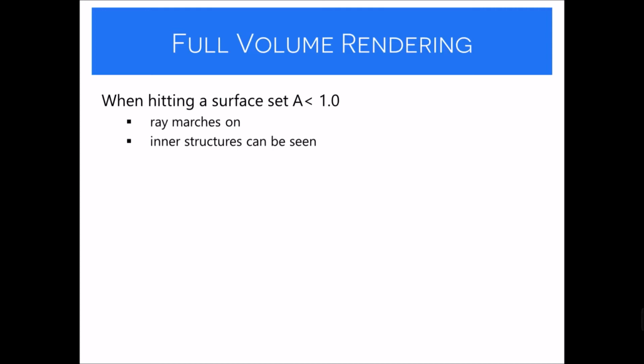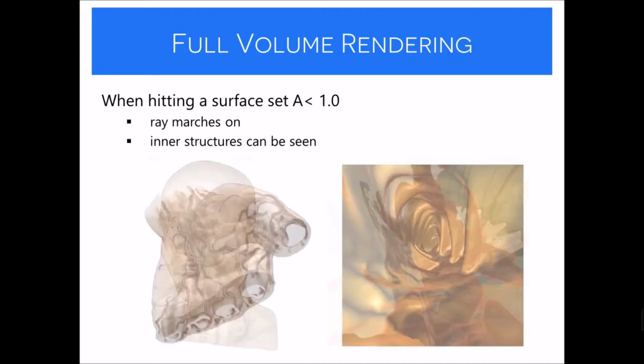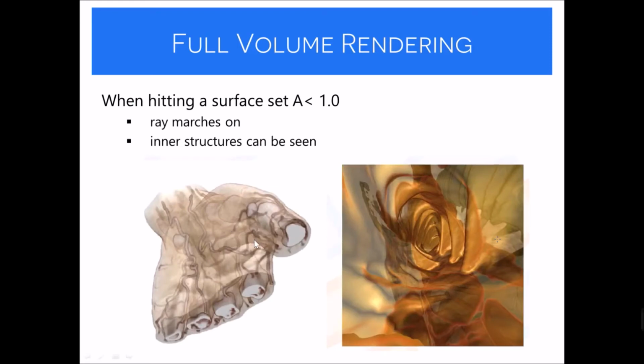You see the brain inside the skull. You can see the skull a little bit, but then the brain you can see as well. This is a good example of full volume rendering results. You can see the surface of the hand, but also the bone at the same time, and you can see the vessels shining through. This is a really nice volume rendering of a hand.